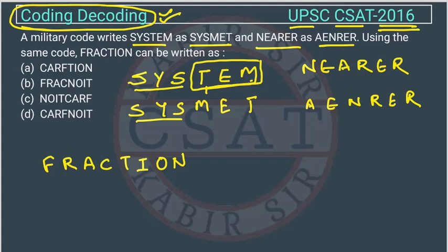Now we will see the logic here. So this is NEA. This was constant here, but they have converted this letter also, so they have written it in reverse order. What they are doing is dividing the word into two parts first of all. So this is a set of 3, half this side, half this side, and this half they are writing in reverse order. So this is becoming AEN, and similarly this is RER.